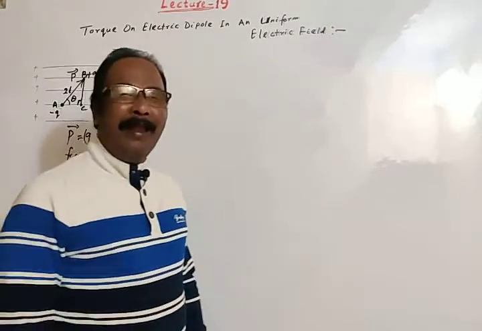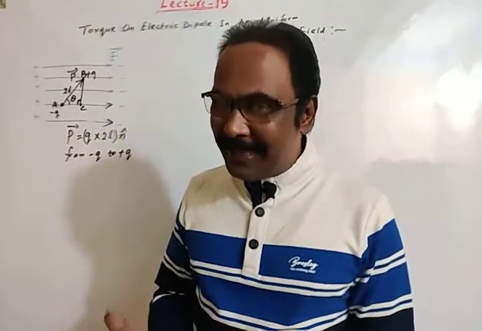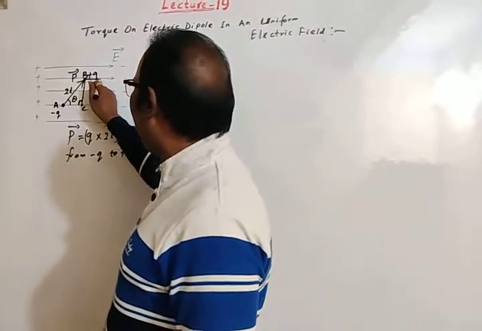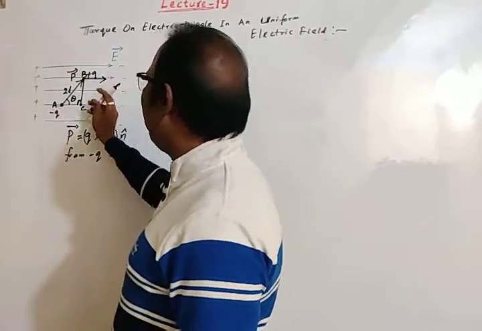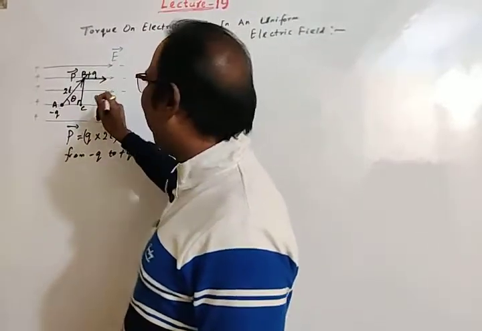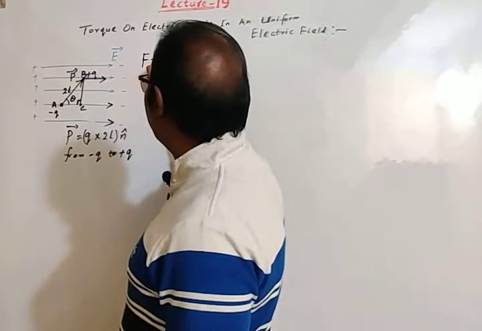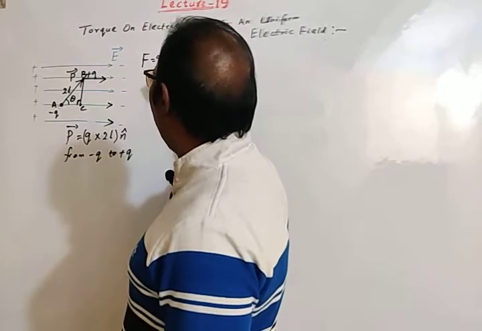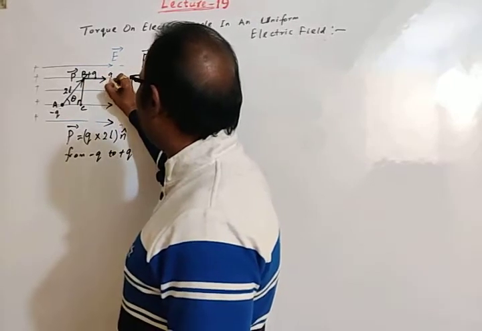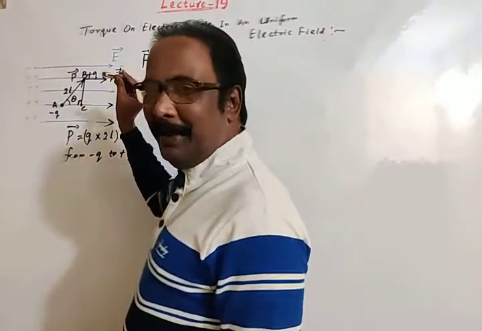When an electric dipole is placed in the uniform electric field, what happens? This is the positive charge. This positive charge is repelled along the direction of electric field. And as we know, force experienced by a charge in the uniform electric field is F equals QE. Then force on this positive charge is QE, and this force is parallel to the direction of electric field.